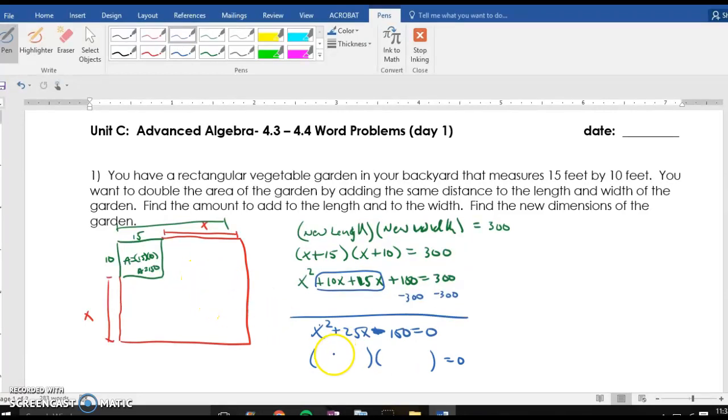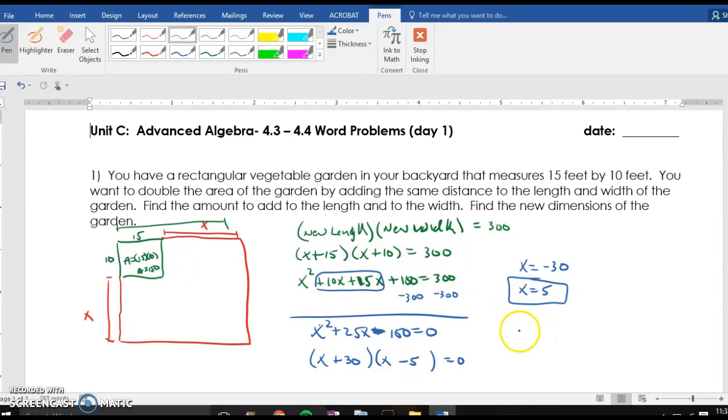Well, that factors out to be x plus 30 and x minus 5. Well, when I set these equal to 0 and solve, I get x equals negative 30, x equals positive 5. Remember, x represents how much we're extending it by. Am I going to subtract 30 from each side? No. So the only answer that makes sense is 5.